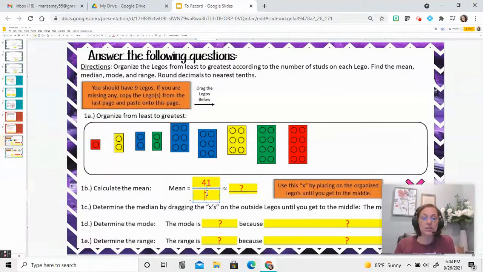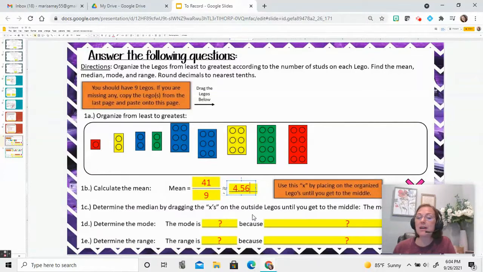So I actually had 9 Legos here. So you'll notice I added up the studs and I'm dividing by the number there. So when we divide 41 by 9, I'm going to get 4.55 repeating, or 4.56.